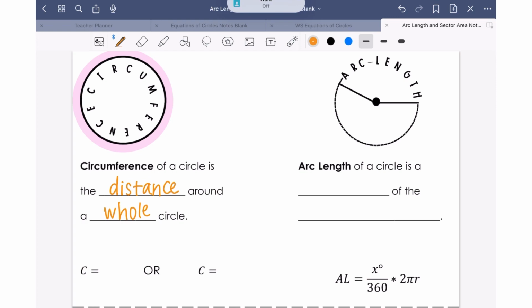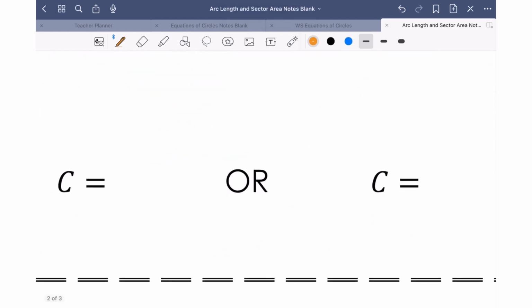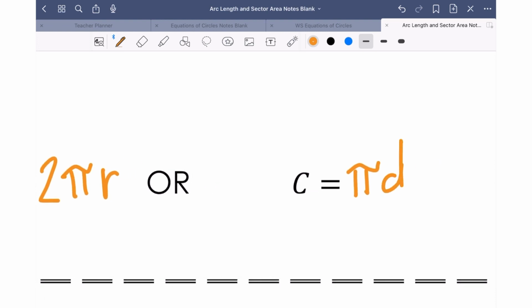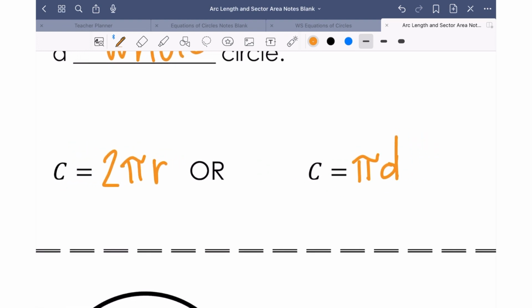So it's a calculation of a length or distance. The formula for that is circumference equals 2 pi times your radius, or you could also do pi times the diameter, depending on what the problem gave you. Those are the two formulas you have.